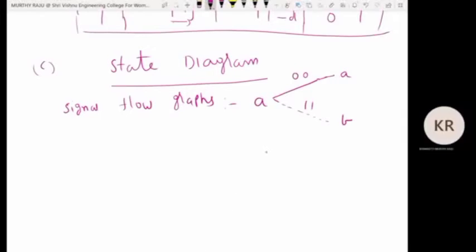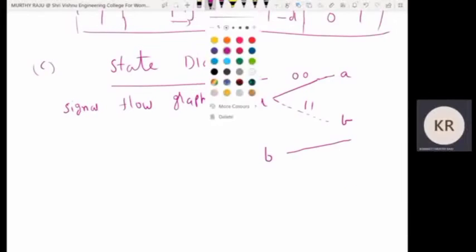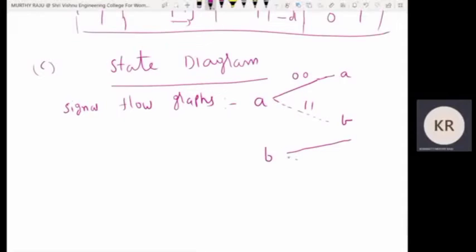Similarly, for B state, two possibilities are there. Dashed line represents input bit is 1. Solid line represents input bit is 0.